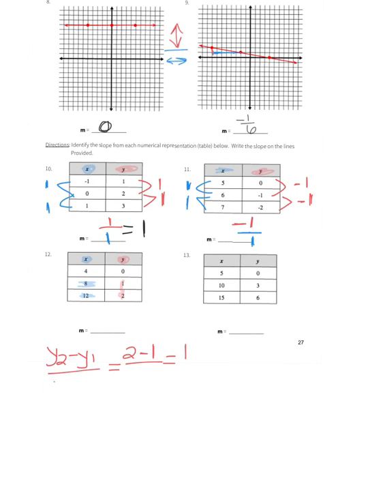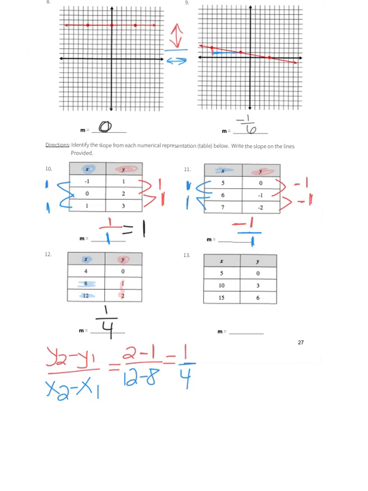I have x number 2 minus x number 1, and that is equal to 12 minus 8. 12 minus 8 is 4. So my slope is 1/4. Okay? So pretty much all you're doing is for the top, 2 minus 1 right here. For the bottom, 12 minus 8. 1 and 4.